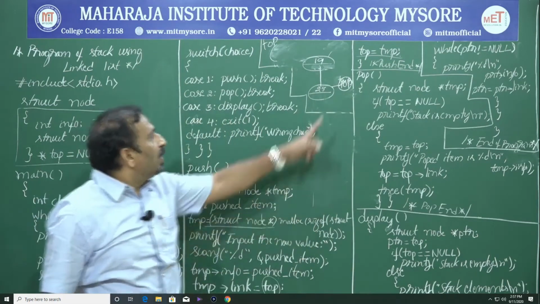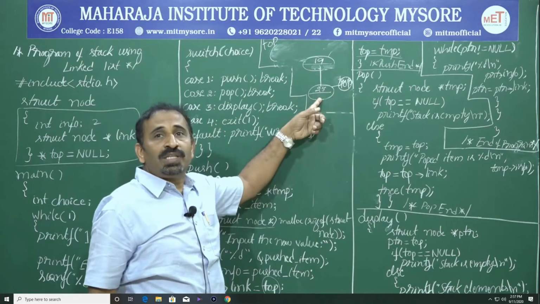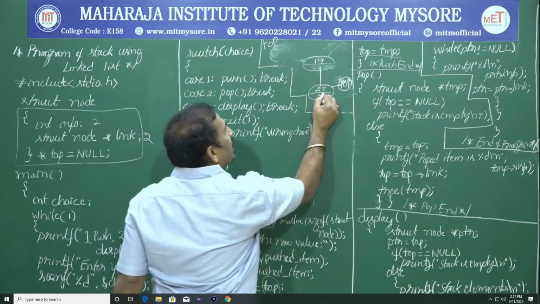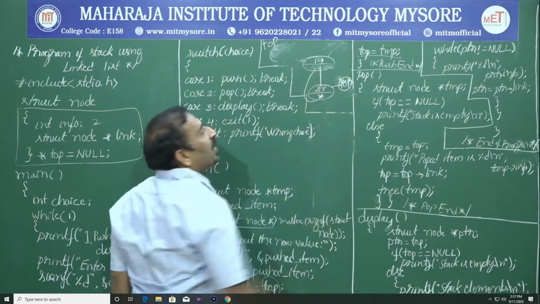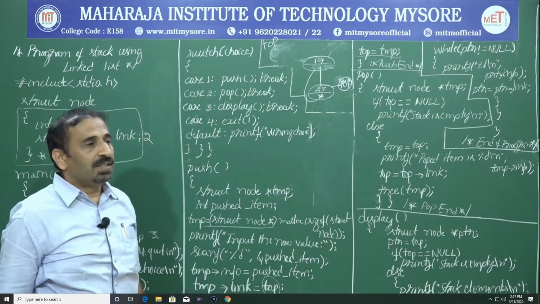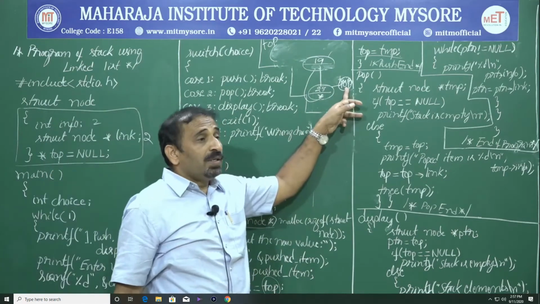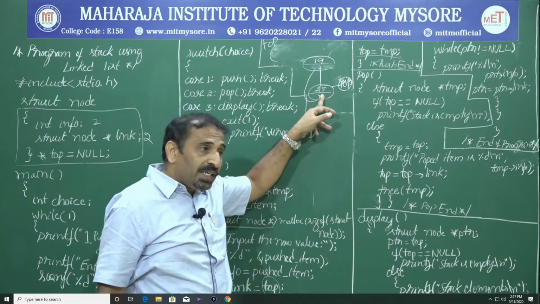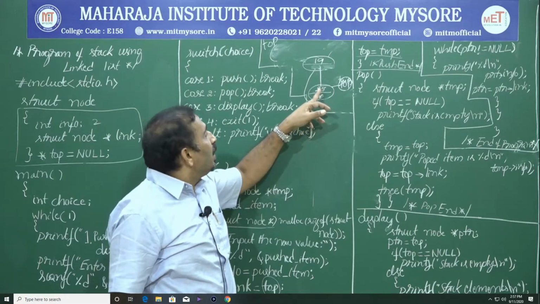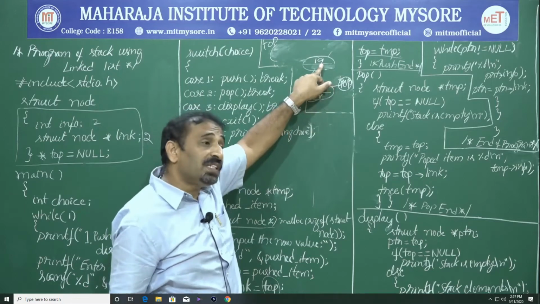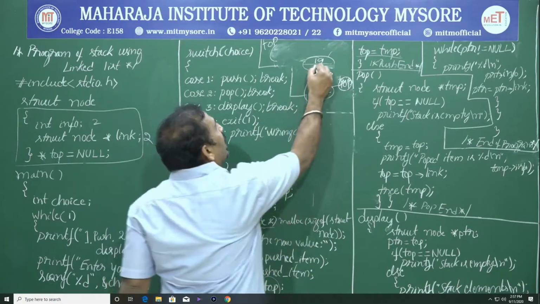You understood now? Top will be holding the address of the newly created node, and this is now pointed by this, like this. Now this top holding the address of the newly created node, and this newly created node's link is holding the address of the previously created node, and here I have not changed it.